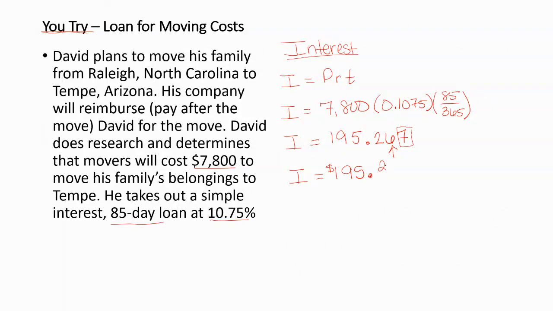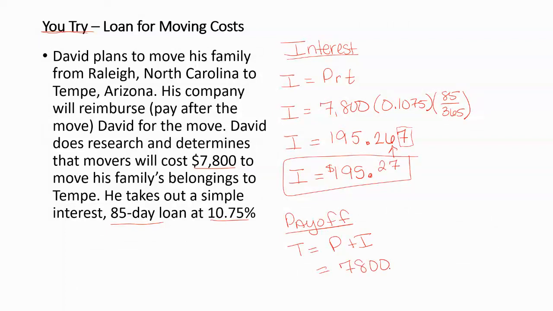So this is going to be $195.27 as our interest. Now our payoff, we have total equals principal plus interest, which is principal, $7,800, plus our interest of $195.27.